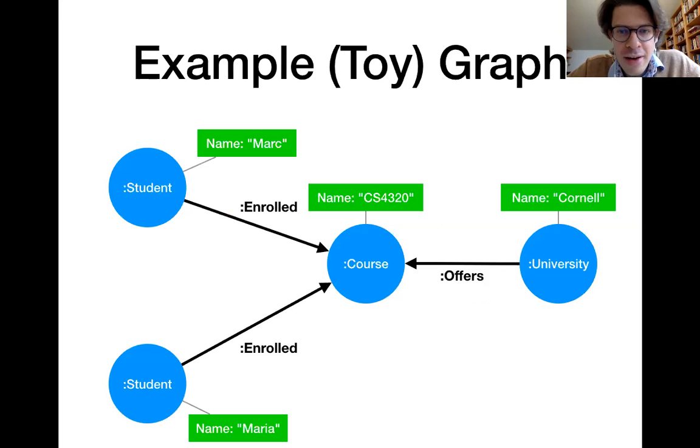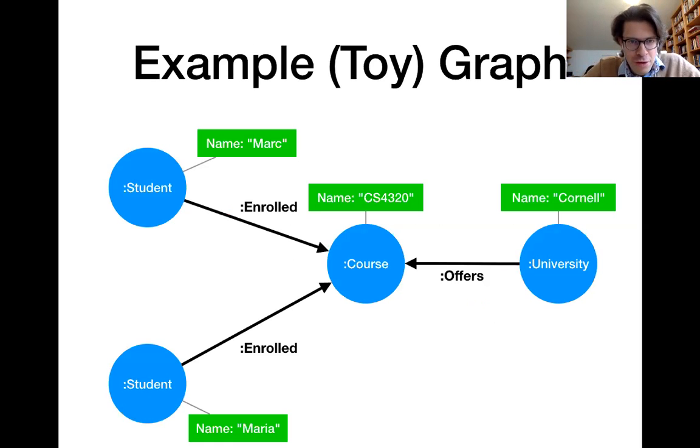In blue, the circles are the nodes, and here with the colon, I'm representing labels. So here we have two nodes labeled as students, then a course node and a university node. And in green, you have those additional properties for the nodes.